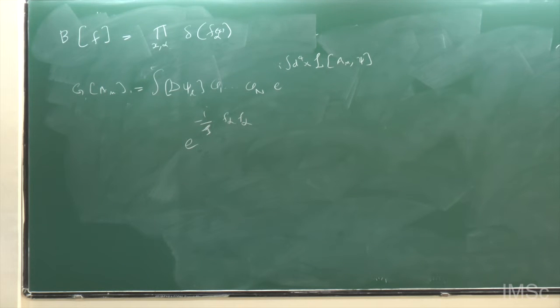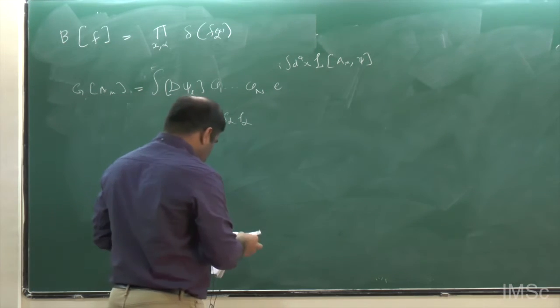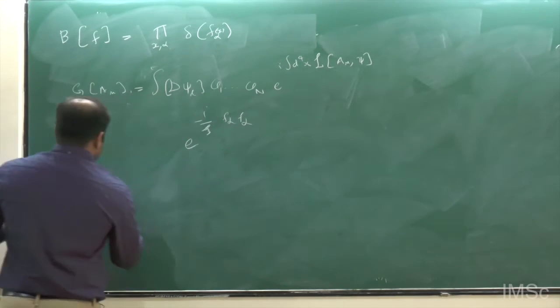So you can introduce a ghost field into this path integral instead of having this determinant piece. Once you integrate out that ghost field, you should reproduce the determinant.